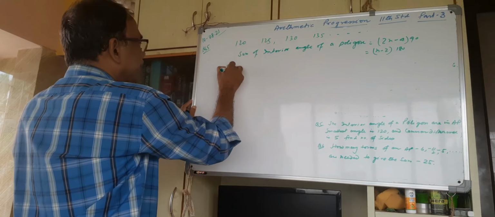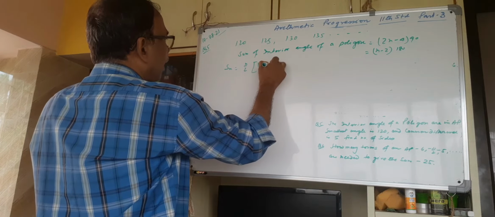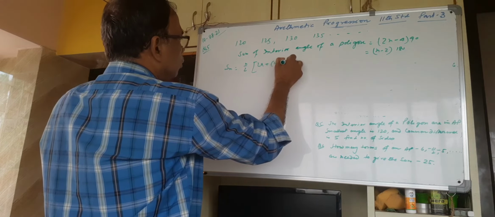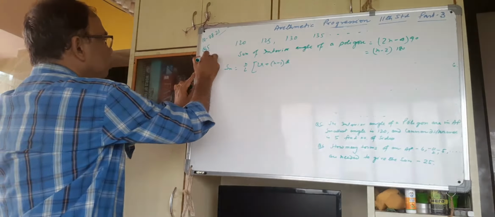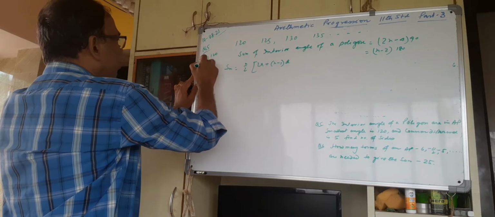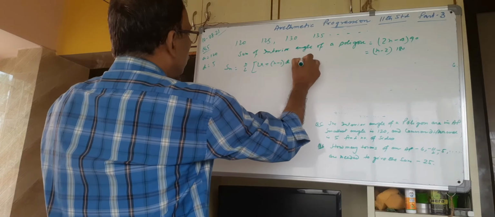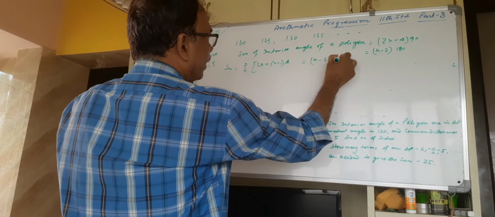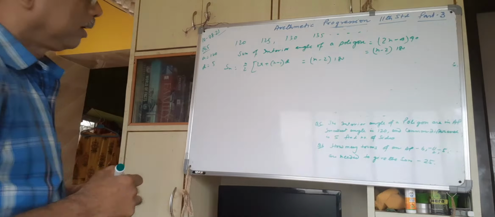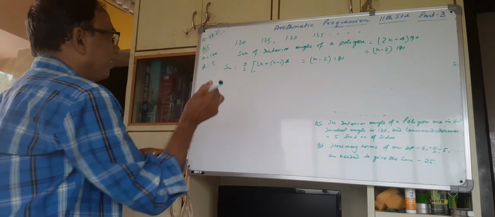We know Sn equals n by 2 into (2a plus (n minus 1) into d). The first term a is 120 and the common difference d is 5. Put it here. This equals (n minus 2) into 180. You have to find the number of sides, the value of n.